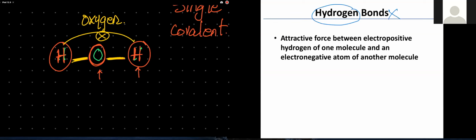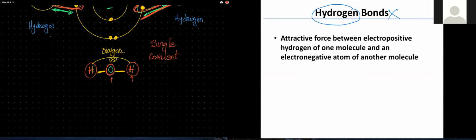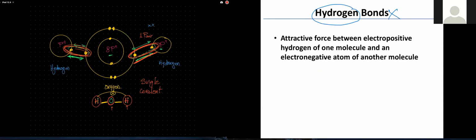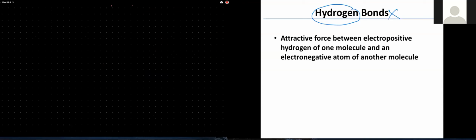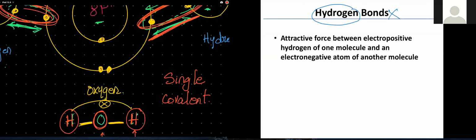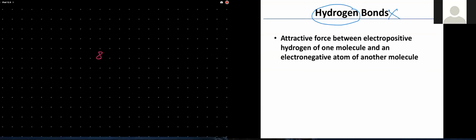Is this better now? Yes? All right. We didn't mention anything about the hydrogen bond yet. So what do I have in here? I have an oxygen with 8 protons, 8 neutrons, and you see on here 8 electrons.